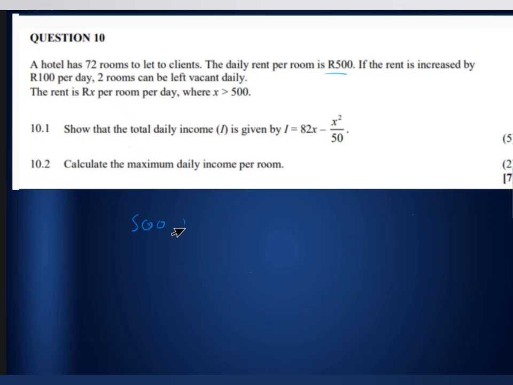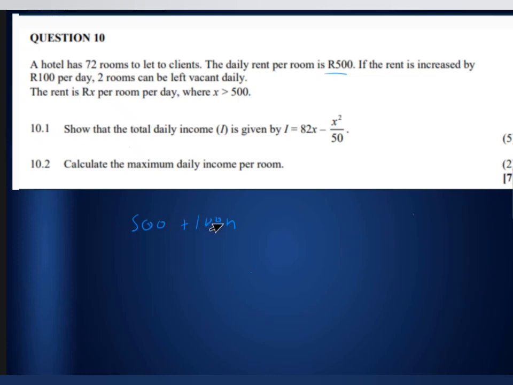But on the next day, we must increase it by 100. On the second day, we must add another 100. So basically, you're going to say 500 plus 100. And notice how this will match, because if it's one day, notice that 100 is added on top of 500. If it is 2 days after, notice that we now have 200 being added on top of 500, right?